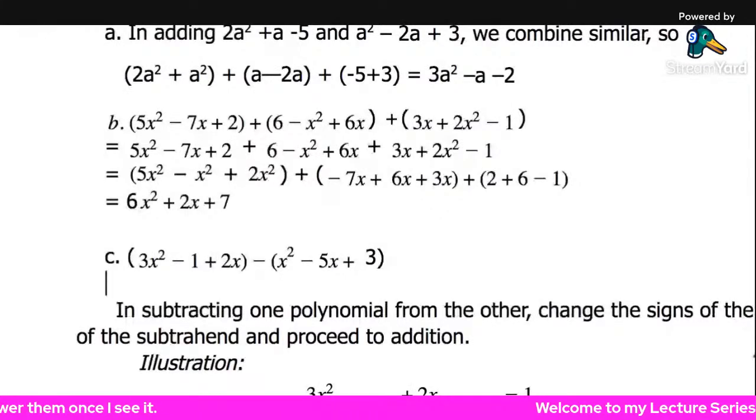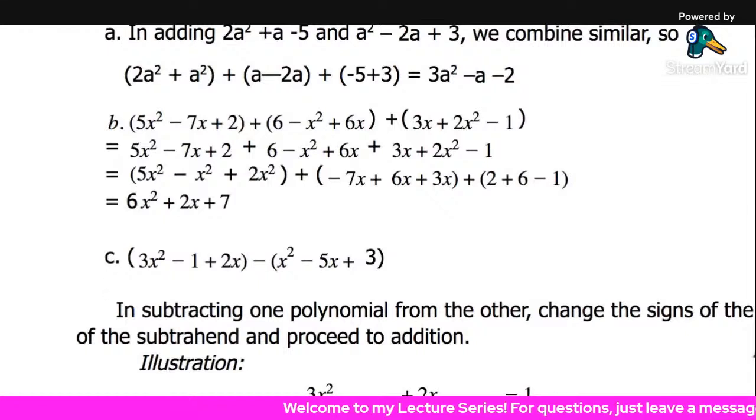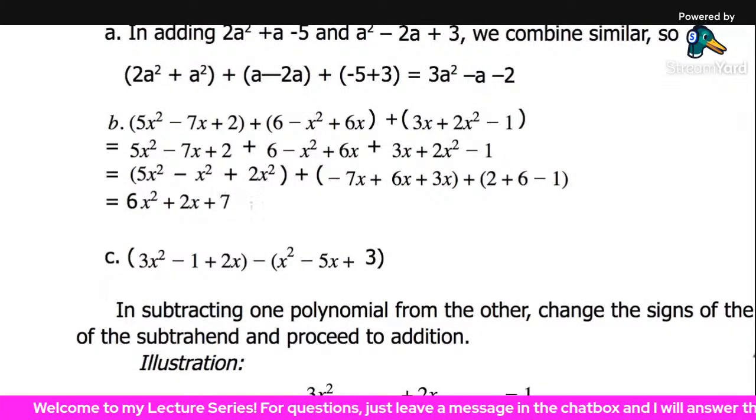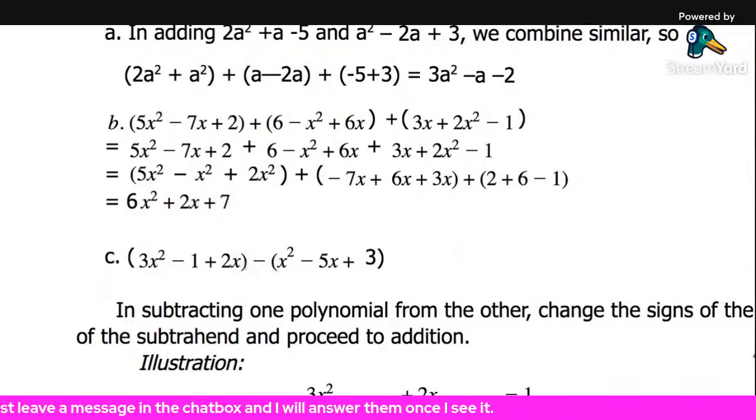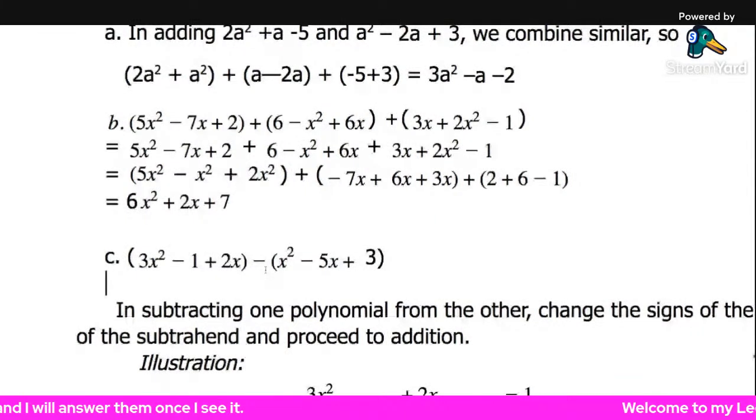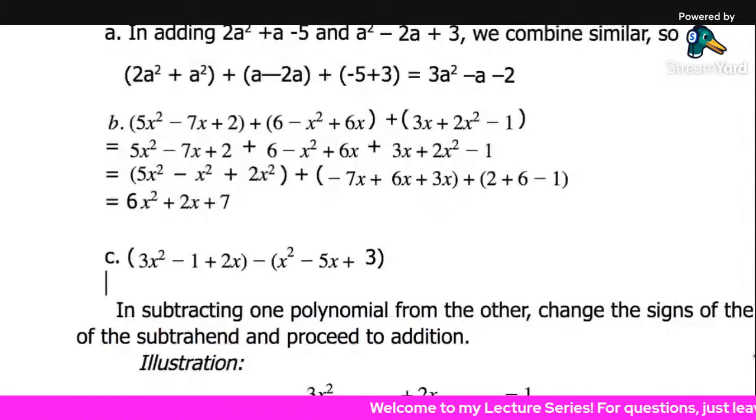You guys can get your pens and paper if you're at home, so you can try to solve. You take note of the operation between the two grouping symbols. It's minus. Okay, may I hear from the rest?